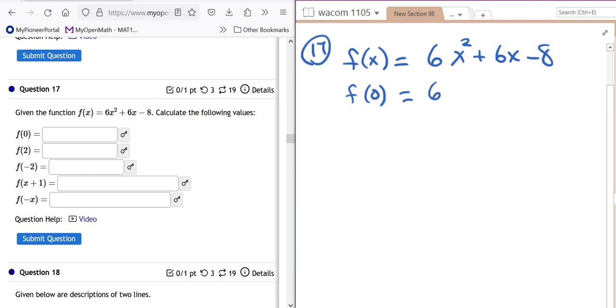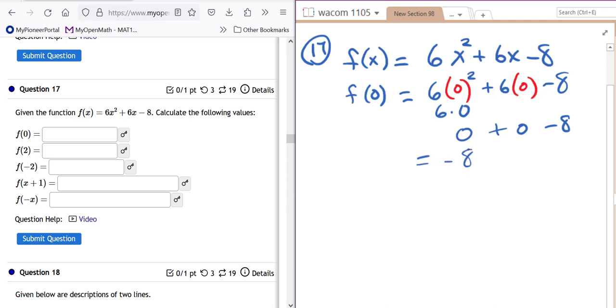So I have 6 times 0 squared plus 6 times 0 minus 8. You do have to go with order of operations, so exponents go first. So 0 squared is 0, and so we have 6 times 0. Well, 6 times 0 is 0, and 6 times 0 is 0, so we get minus 8 on this one.